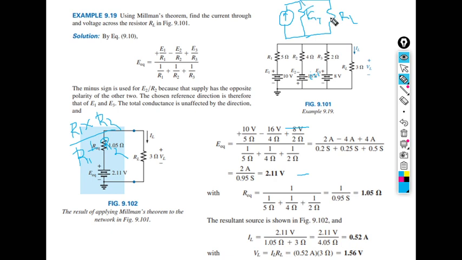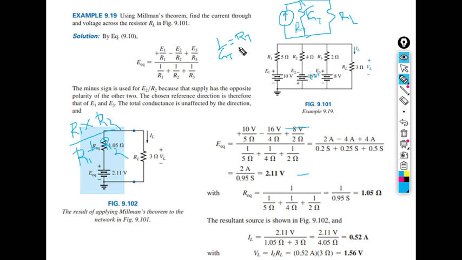Now you can apply the current division rule, or I can write here 1 by GT is equal to, suppose, RT. If we multiply RT with the current source, you get a voltage source with series RT, or you can keep it here as RT.